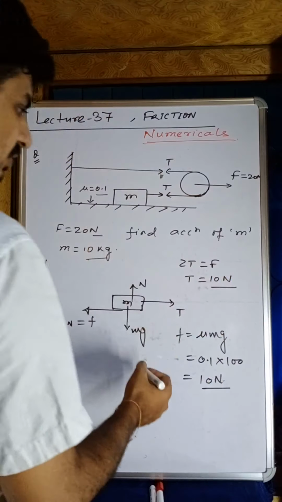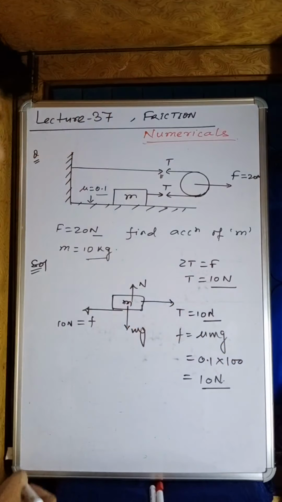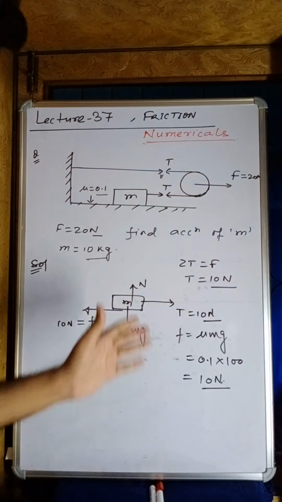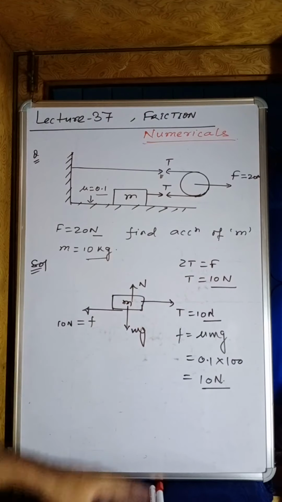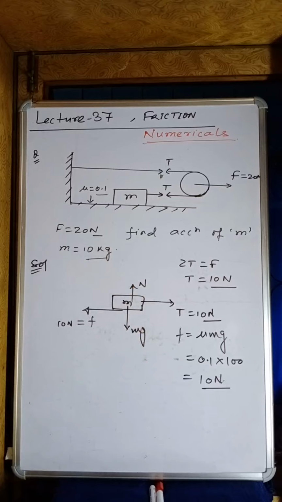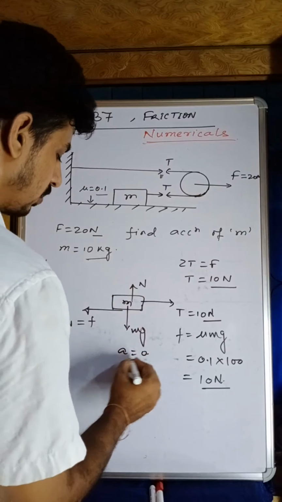If this T is 10 Newton, as we have calculated, the body will not move. If it is static friction, then the body will not move at all. So our answer is that the acceleration will be 0.